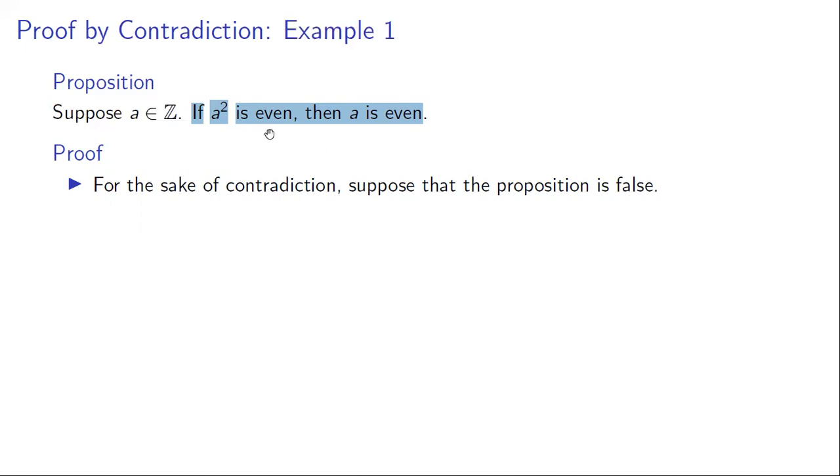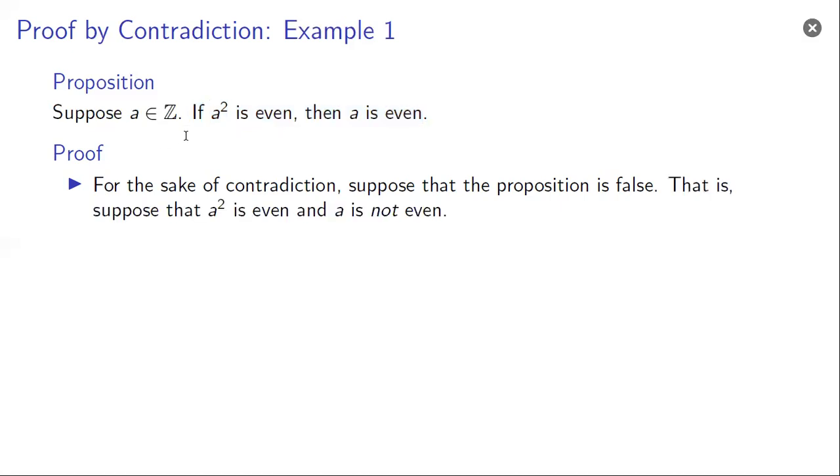Okay, now, what does it mean to say that this is false? That if a squared is even, then a is even. So in other words, we want to negate an if-then statement, a conditional statement. If you remember, how do we negate a conditional statement?